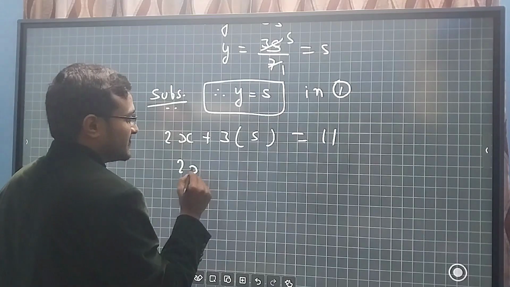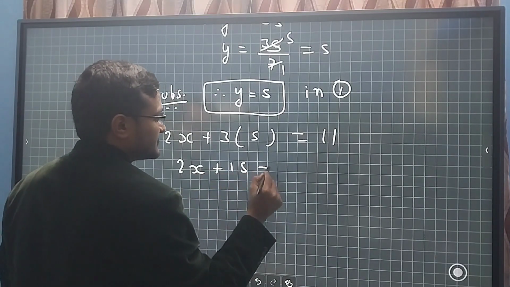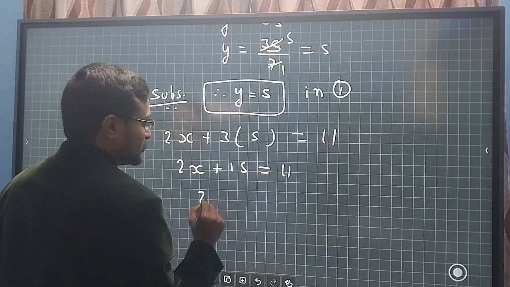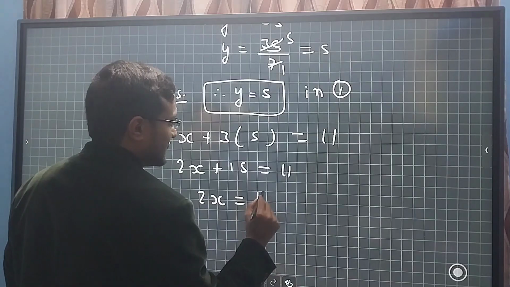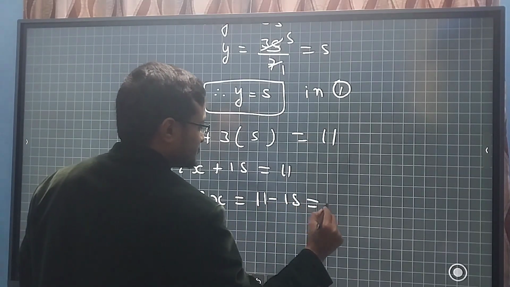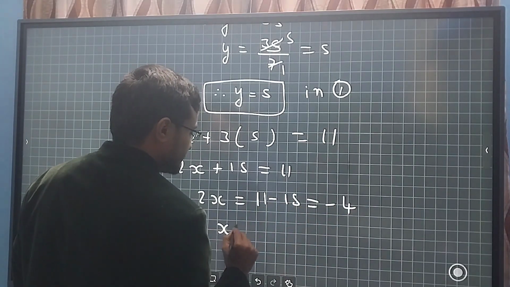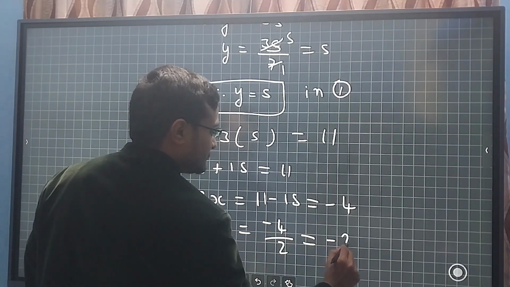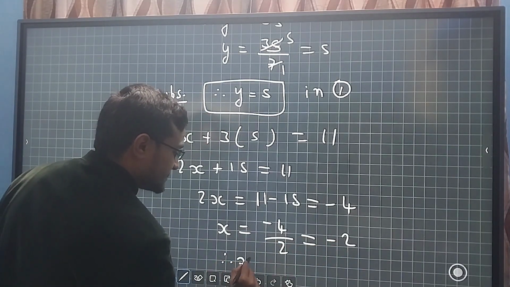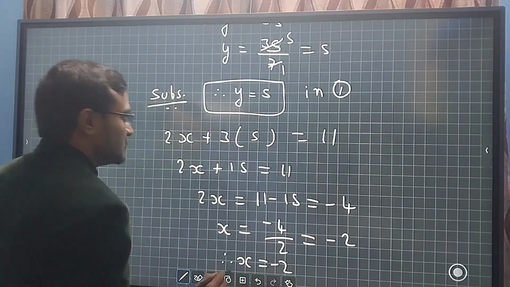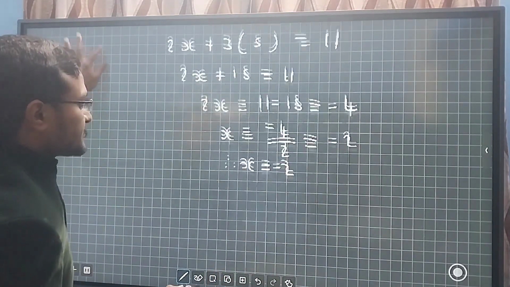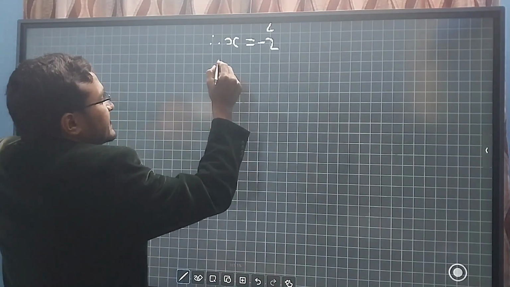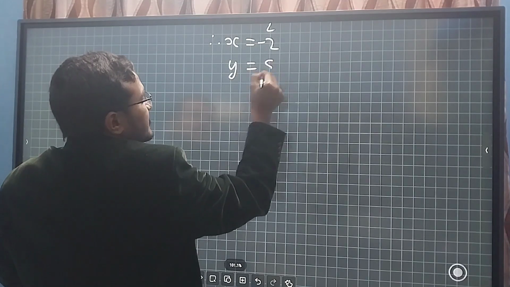So 2x, 5 threes are 15, is equal to 11. So 2x is equal to 11 minus 15, that is minus 4. So x is equal to minus 4 divided by 2, that is minus 2. Therefore we got x as minus 2 and y as 5.